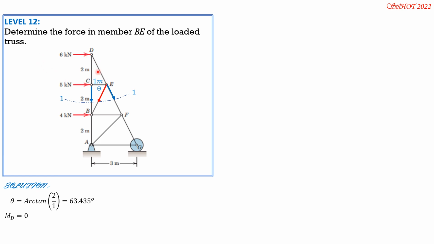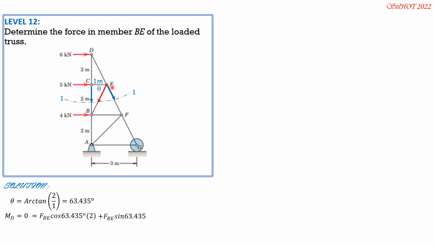So sum moment D is 0, clockwise positive. The horizontal component of FBE is FBE cosine of 63.435. The moment arm is 2. It is clockwise, so clockwise positive. The vertical component, which is downward, is also clockwise about D, and it is plus FBE sine of 63.435.